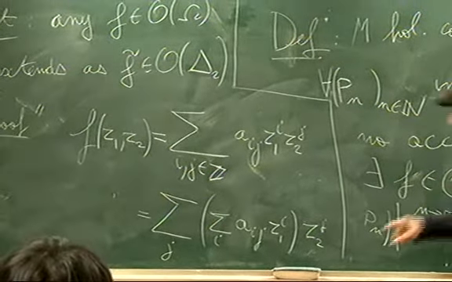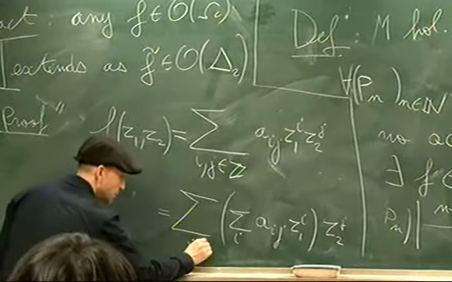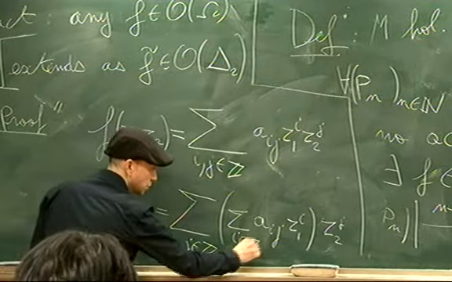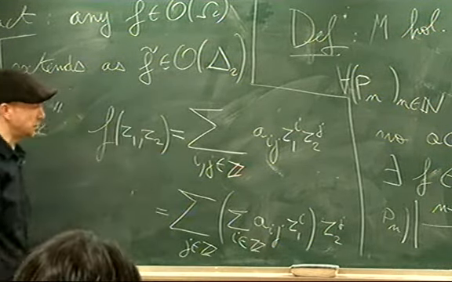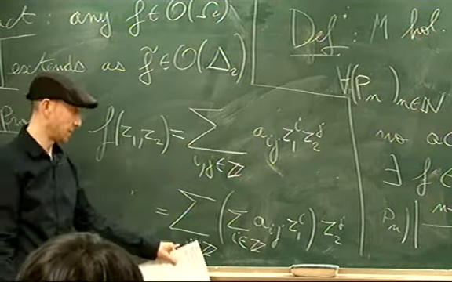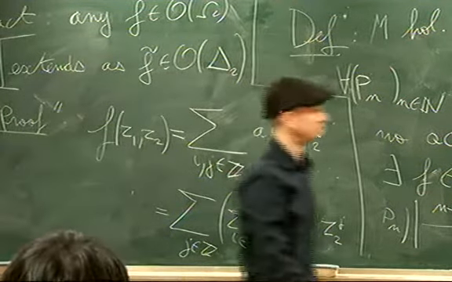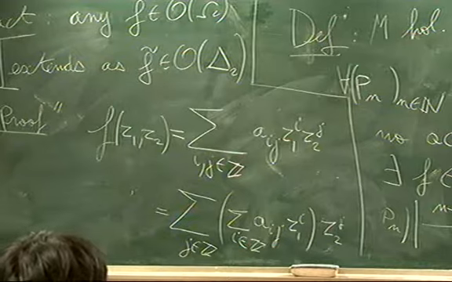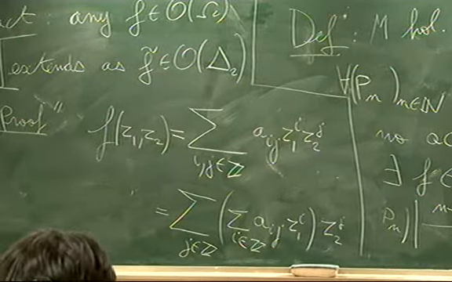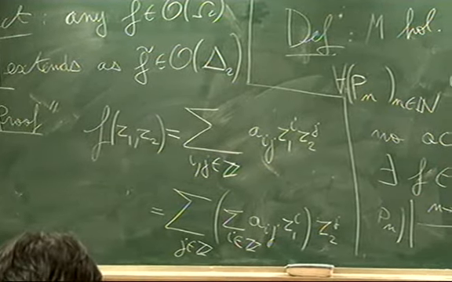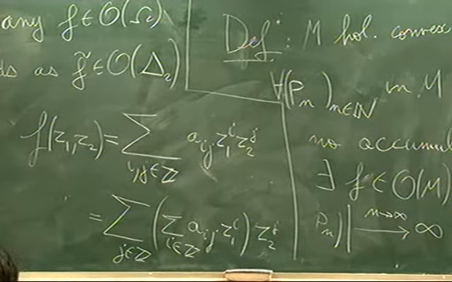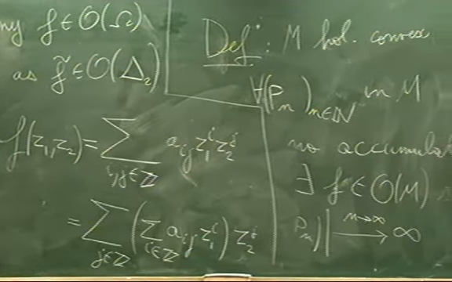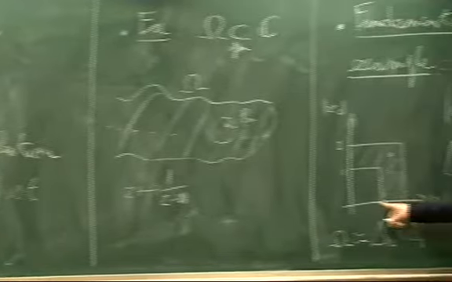So this is for j in Z and i in Z. Now if I take a point, so I fix a z1 whose modulus is between 1 and 2.